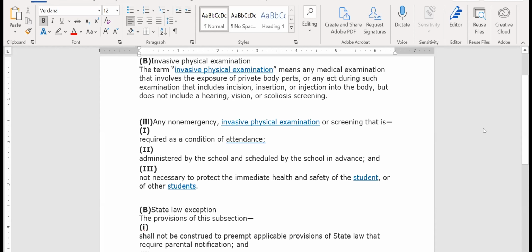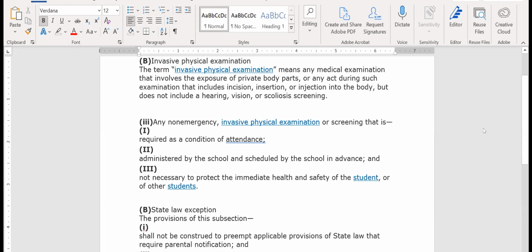You could make the argument that we still have emergency executive orders in place. So that non-emergency one is one of the standards. Then it has to be required as a condition of attendance. And this is the one that really throws me off, because if you don't require it as a condition of attendance, or it's optional, as is the case with most vaccinations in the state, it doesn't trigger the requirement.